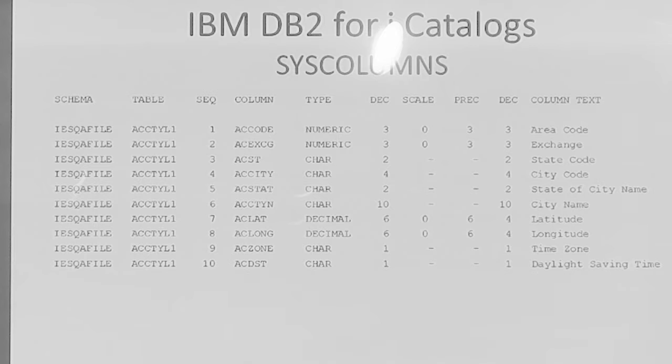Numeric meaning signed, as defined in DDS. But you might find it in another file as decimal. Then you're going to have to do some work. Find it in another file, it could be character. 40 characters. Exactly. So in that particular table, AC code meant whatever it does, area code.